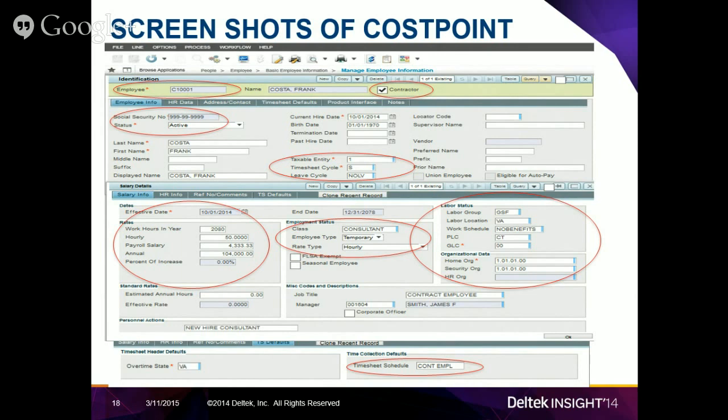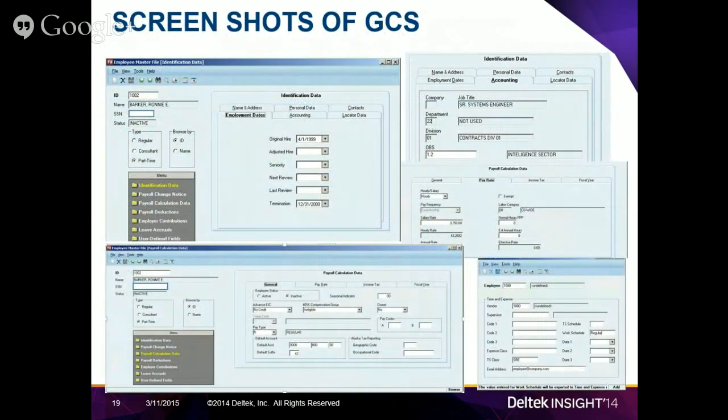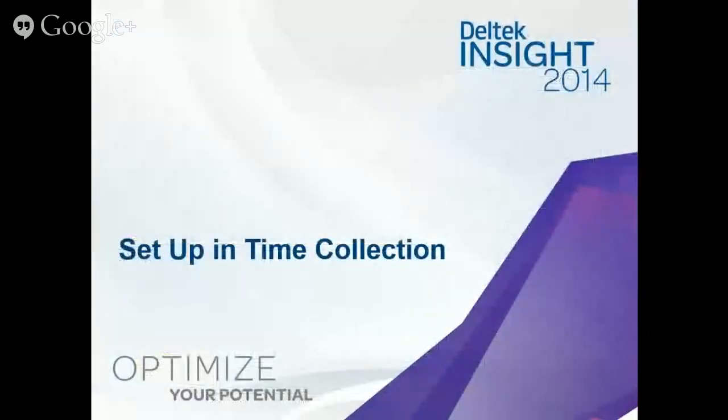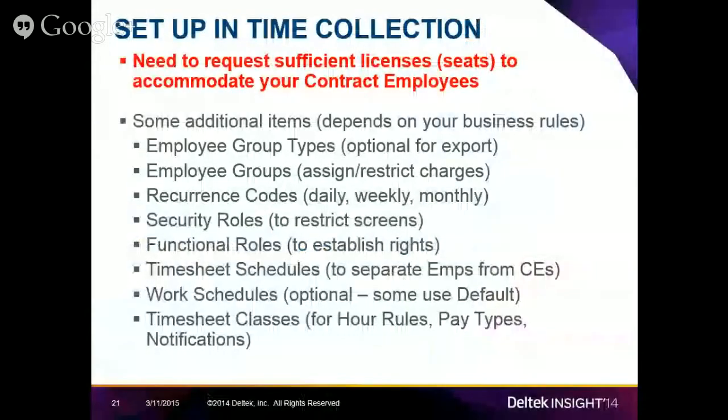The next screenshot I have is of GCS. And I basically just showed the different screens that you would use to set up a contract employee for GCS, and then setting it up in time collection. One of the things that I stress here in red is that you need to request sufficient licenses.